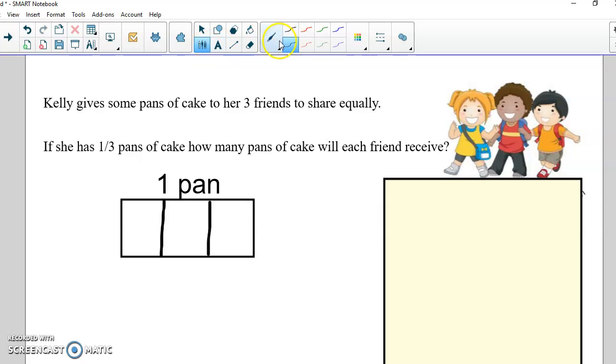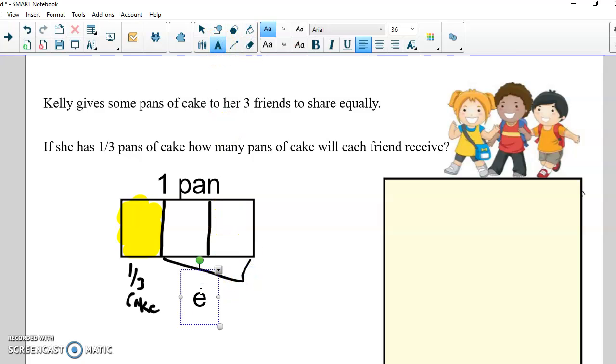So I'm only going to shade in 1/3 of that. So this is my 1/3 of the pan that has cake. And what would I label this section here? Well, that section is empty.